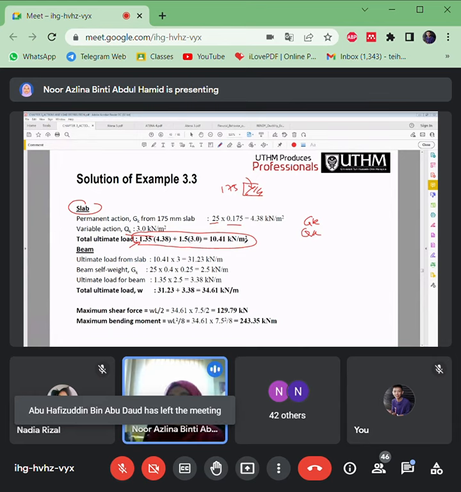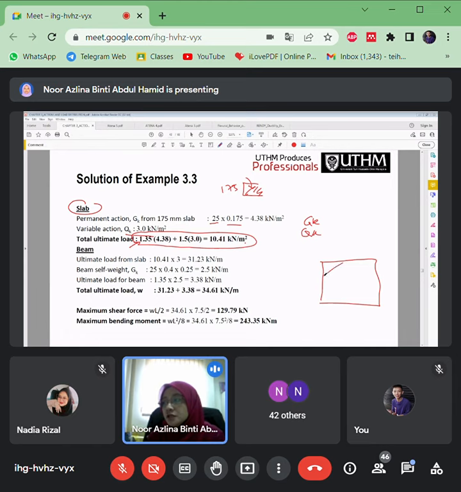Then the load here, which is 10.41, is distributed for the whole slab. But beam B just carries a portion, right? Half of the slab's load. So that's why for beam B here, you need to calculate the slab distribution, which is 10.41 multiplied with the 3.